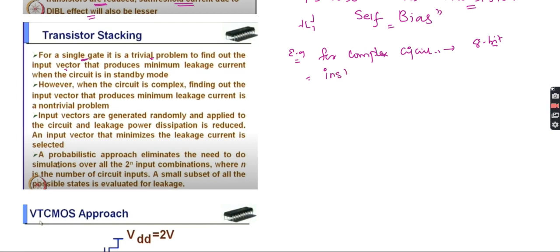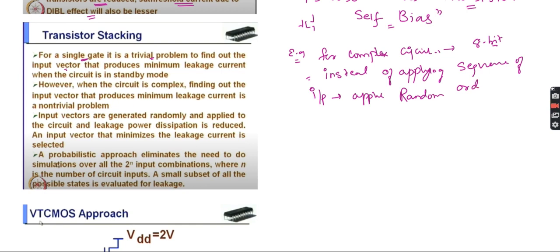Instead of applying a sequence of inputs, in a sequential manner, apply them in random order. Then automatically your leakage will be reduced. So the input vector that minimizes the leakage current is selected.